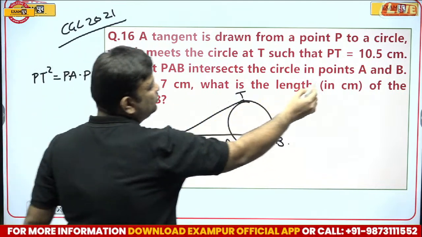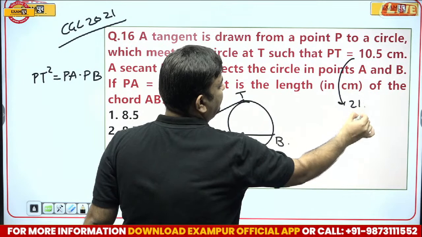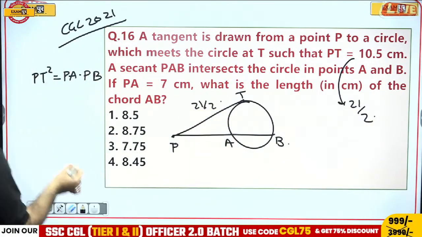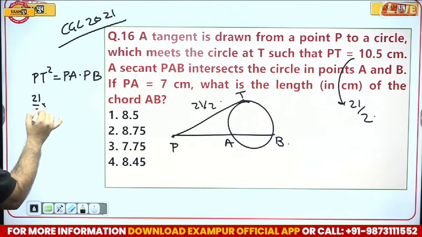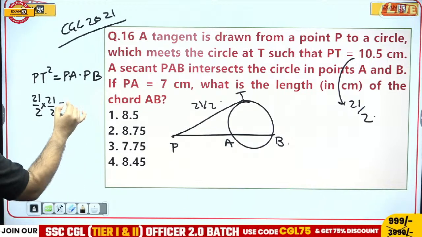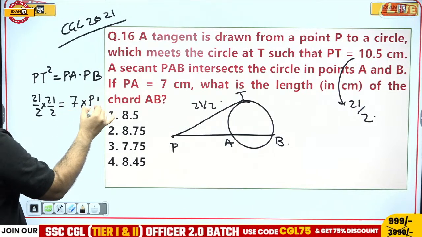Now, I'm using this PT as 21 by 2, which will simplify my calculation. 21 by 2 into 21 by 2. PA is already known as 7. What is PB? We will get it.